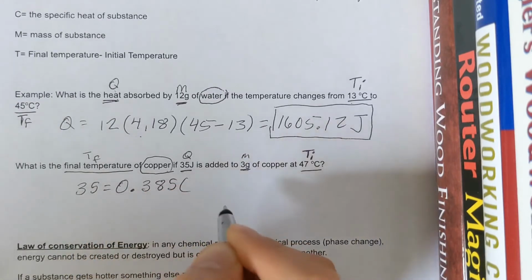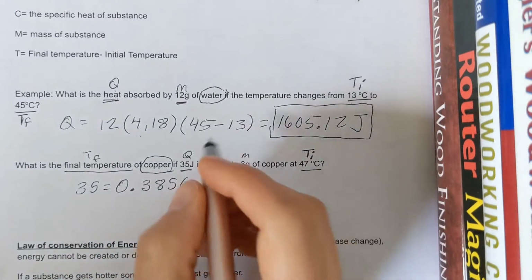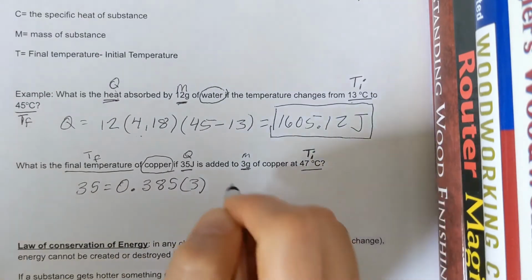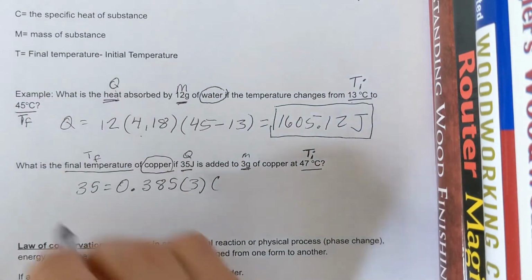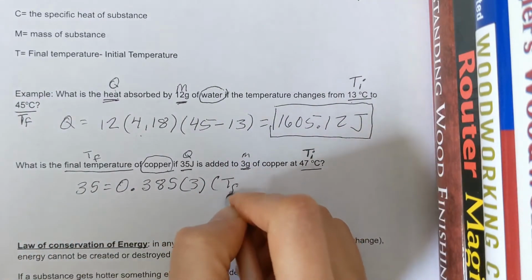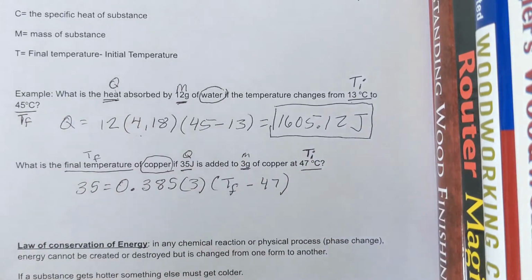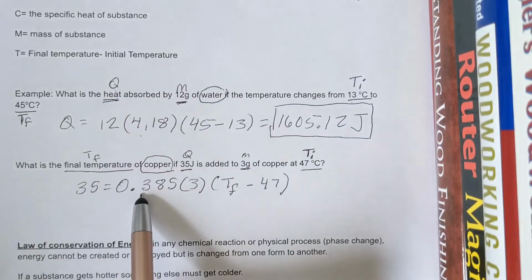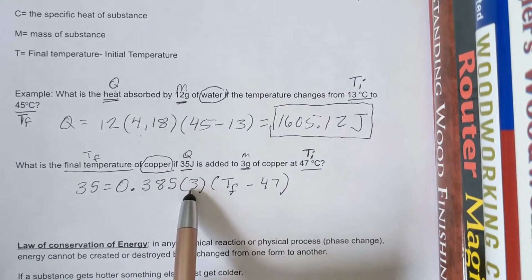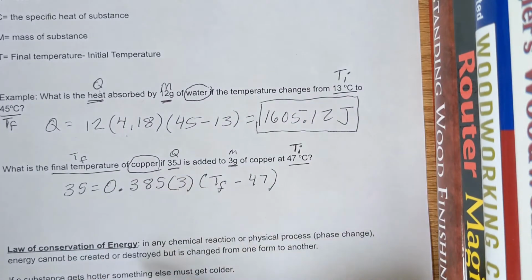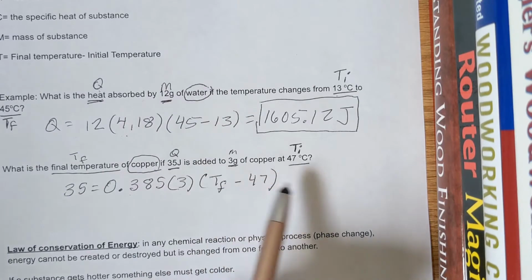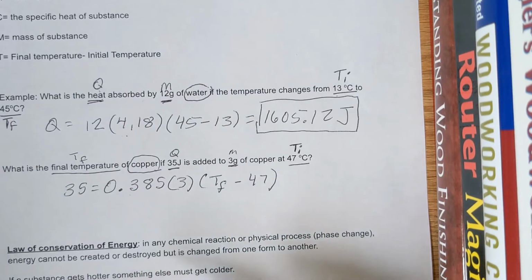Again, that's on page 1 of your reference guide. And then mass is 3. And then TF is what we're looking for, minus TI, which is 47. Now for this, you've got to multiply the 0.385 times 3 and do 35 divided by that to give you TF minus 47. And then you can add the 47.